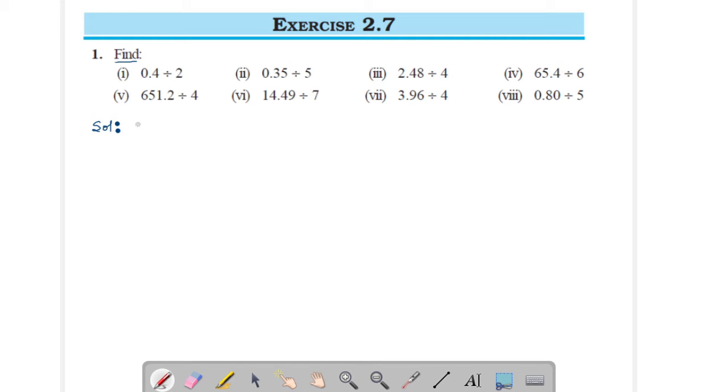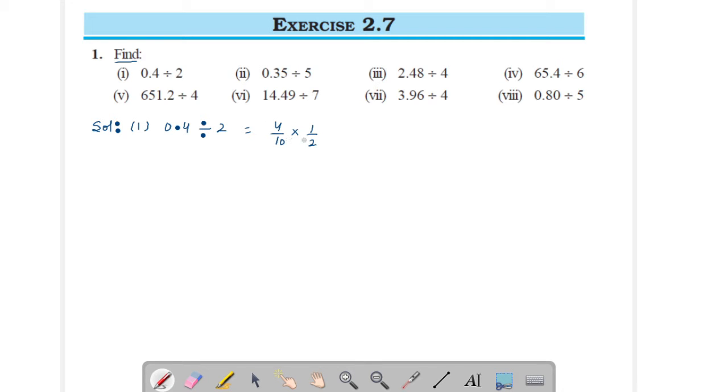Here, say first part: 0.4 divided by 2. This can be written as 4 upon 10 into the reciprocal of 2, that is 1 upon 2.